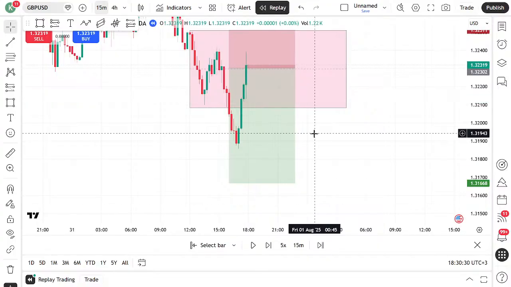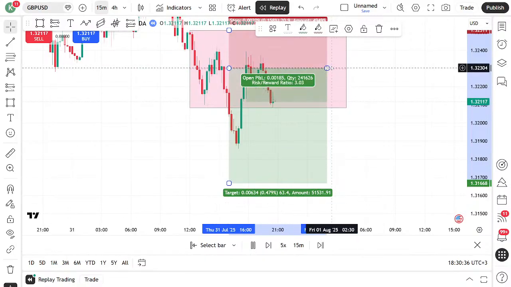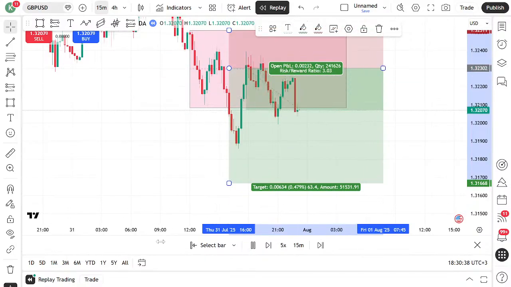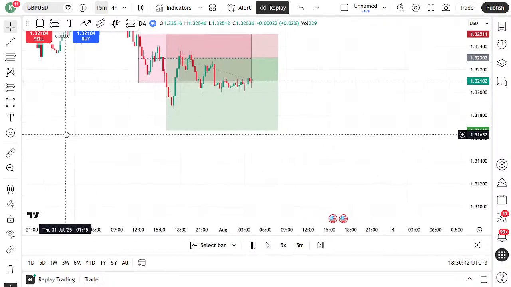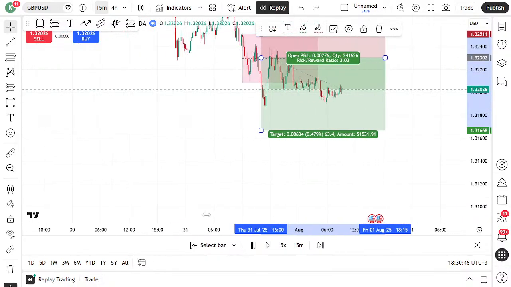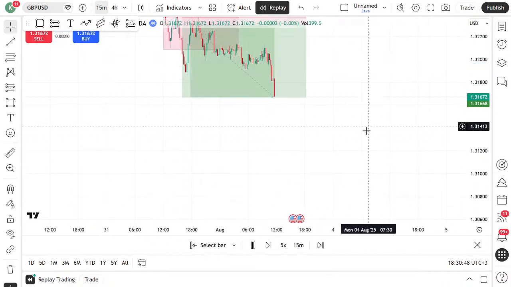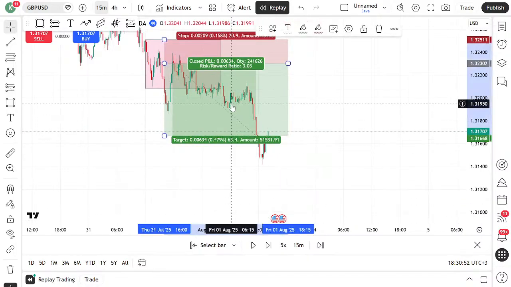So we are triggered in. Let's see how this trade plays out finally. And there you go. We have another TP.